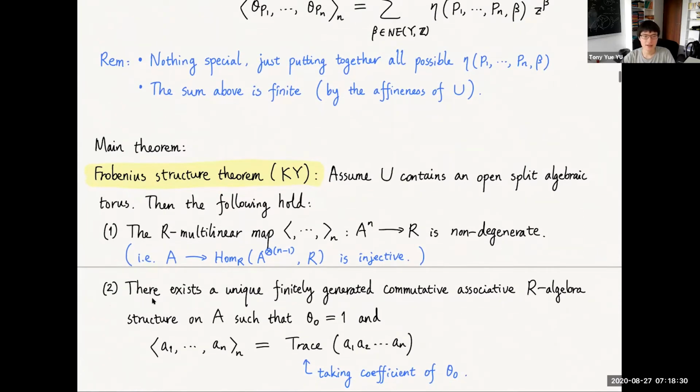And second, there exists a unique finitely generated commutative associative R-algebra structure on A such that the basis vector theta_0 is the identity. And moreover, the value of the Frobenius form on a_1 to a_n is equal to the trace of the product of a_1 to a_n. Here, trace means taking the coefficient of the basis vector theta_0.